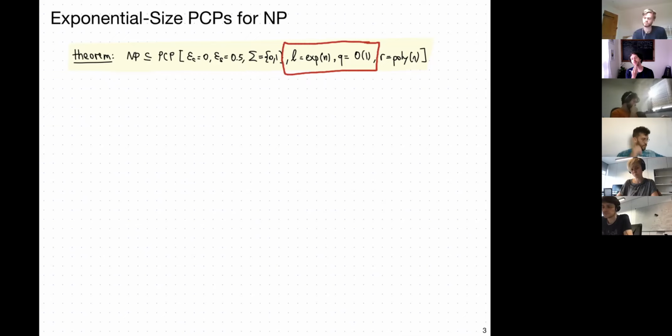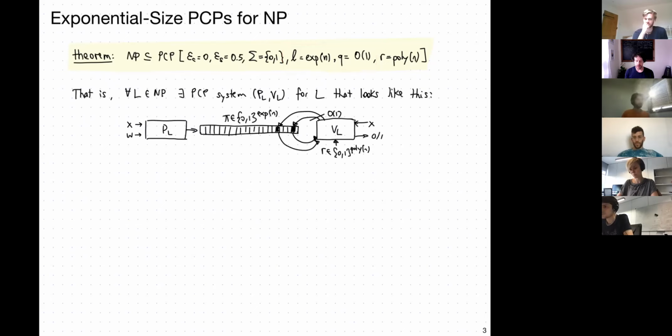This means that if you're willing to present your proof in a very redundant way, then you don't have to go through all the steps and understand. It's enough to just look at 3 bits of the proof, and then with high probability you're correct, which is kind of a nice thing. Okay, so we'll see how this magic is happening.